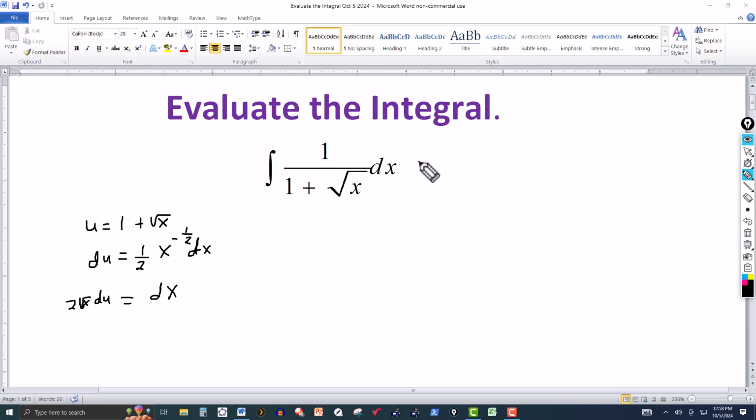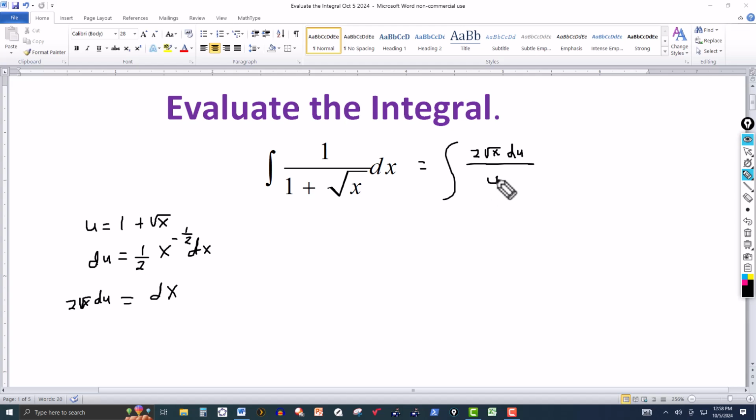Now we come back over here and rewrite this. The dx is going to be replaced by 2 square root of x du. So replacing the dx by 2 square root of x du gets this, and then 1 plus the square root of x, that's your u.